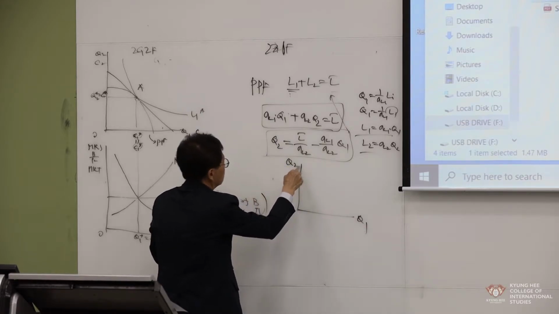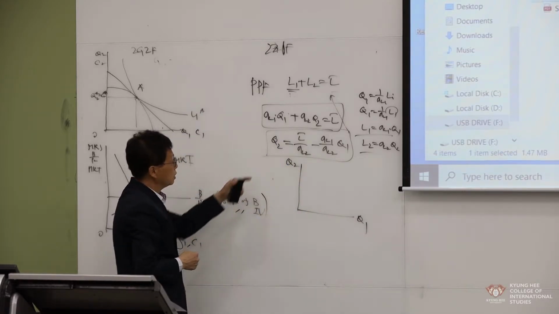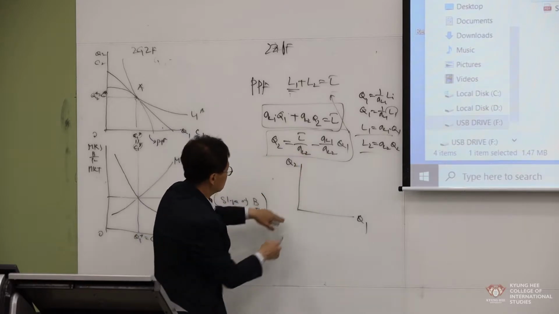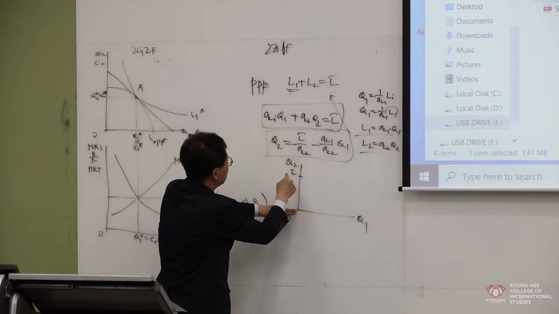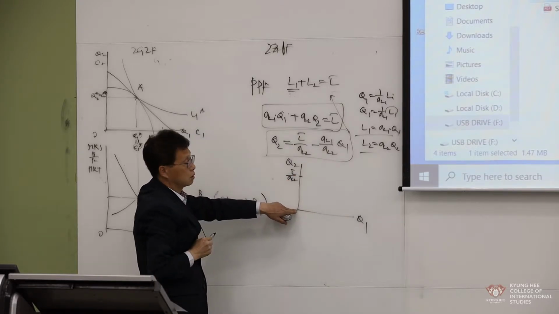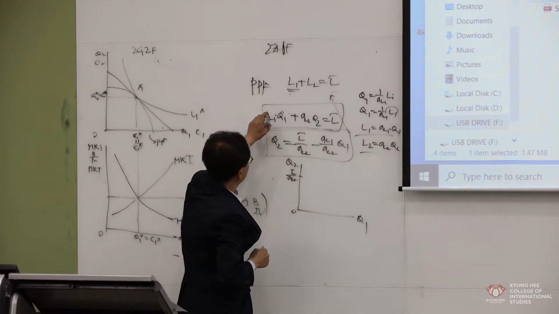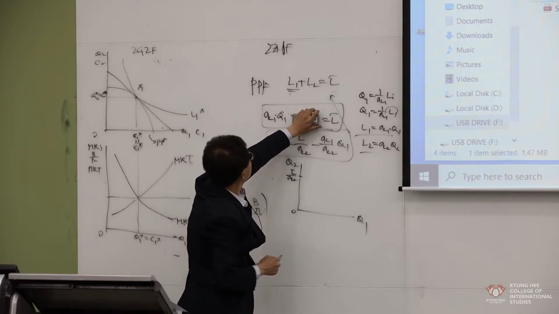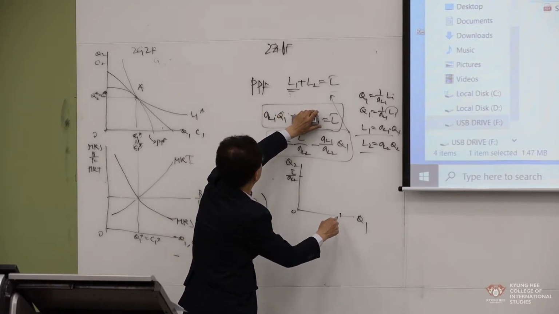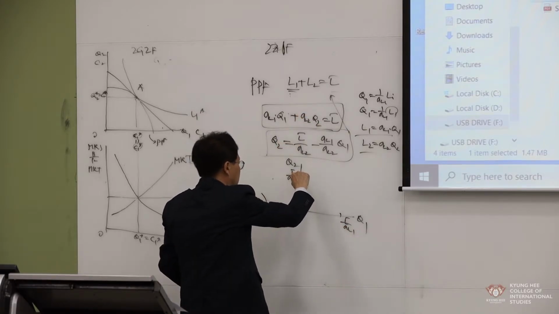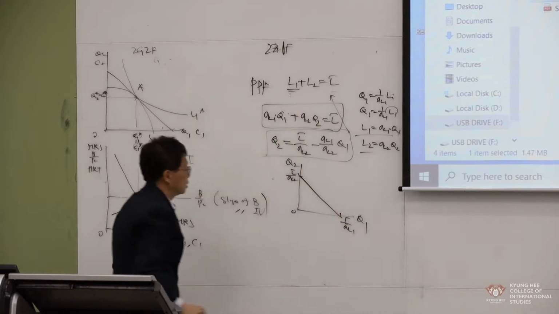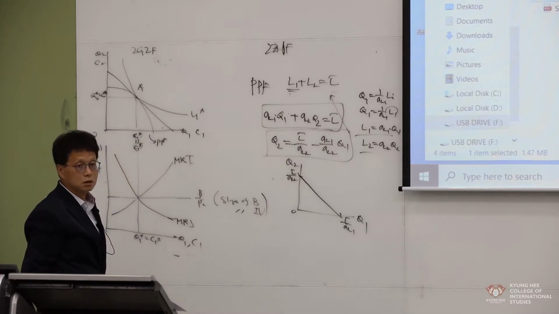Q1, Q2. Okay? Then what happens? If Q1 is equal to 0, then Q2 is L bar over AL2. If Q2 is equal to 0, then Q1 is equal to L bar over AL1. So we can derive this kind of production possibility frontier.